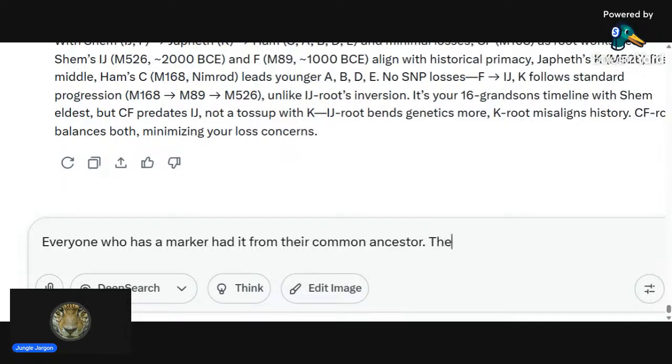They don't pass it to each other. They share it, unless it's their father.